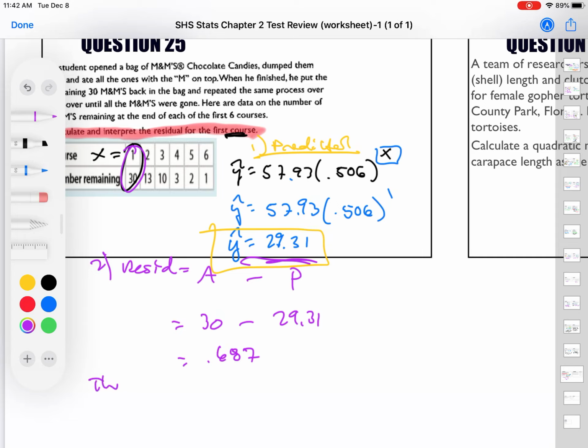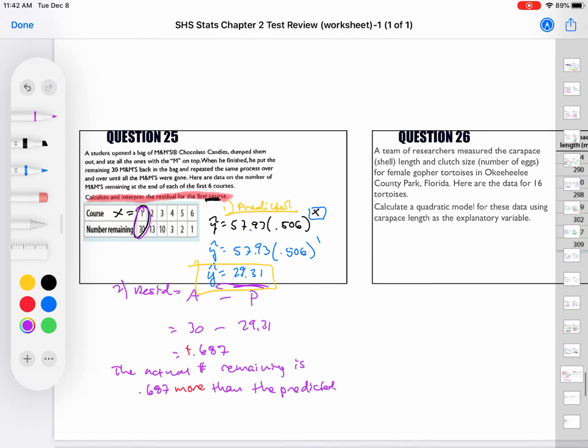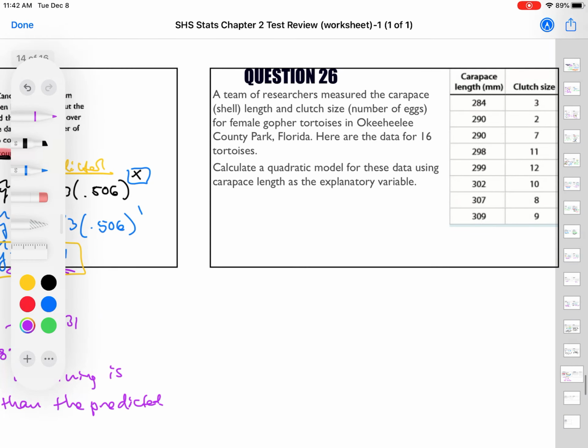That means, this is my interpretation, the actual number of remaining is 0.687 more, because this is positive, than the predicted. The equation we have from our data is making a prediction, and compared to the actuals, this one is the actual is higher.